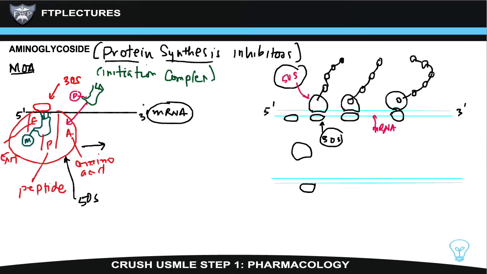They try to read the codons on it. Now, this tRNA, which is just a simple transfer RNA, is going to bring this amino acid and come and sit at the A site.